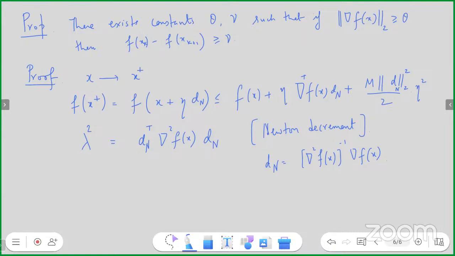Okay, so is this greater than or equal to m times Dn square, just by my little m strongly convex function? This is true. Okay. Now what we care about is this equation. I want to control this step and I want to control this step. So lambda square is already controlled by this quantity. What can I write this as?